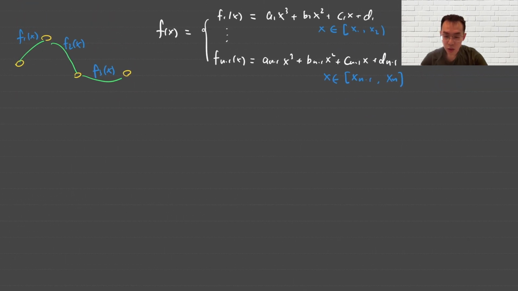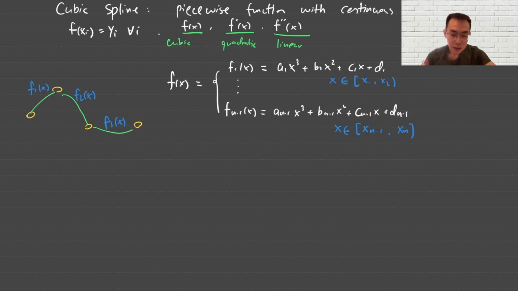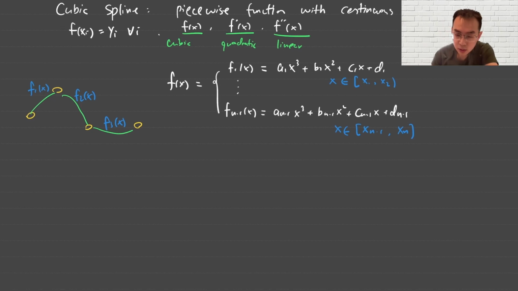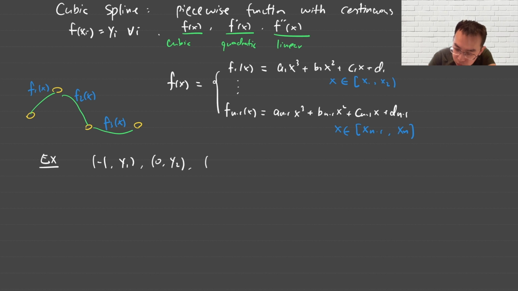To solve this problem, let's consider an easier example, without loss of generality. Let's only consider 3 data points, and let's set our x to be -1, 0, and 1, with y1, y2, y3.